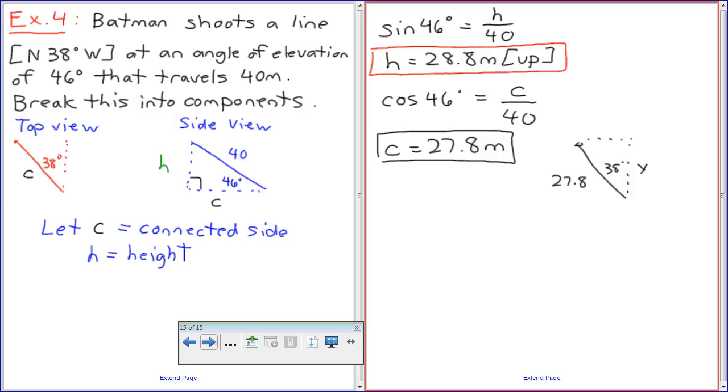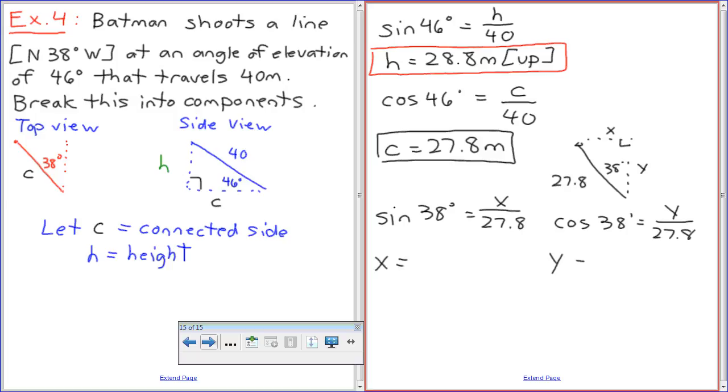This is going to be your Y, that's going to be your X. So we're going to say then sine of 38 degrees equals X over 27.8. Cos of 38 degrees equals Y over 27.8. If someone could solve for X and Y, I'd be very appreciative.